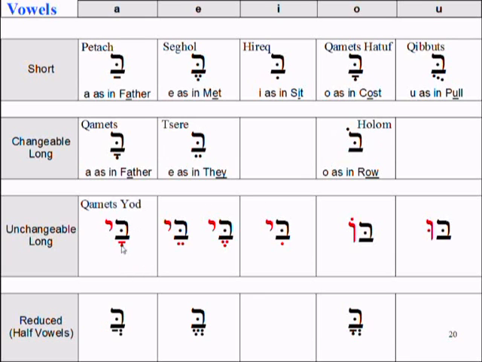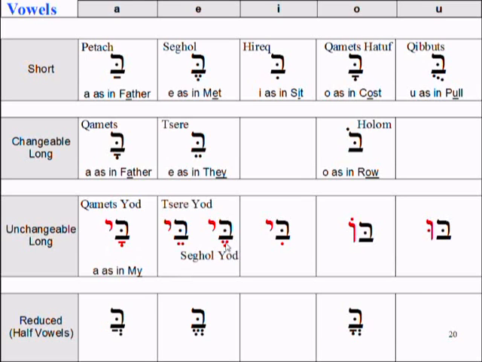And here we have some variants. When we have the kamets followed by a yod, it changes from an a sound, as in father, to an a sound or an I sound, as in my. So this can be by, or it can actually be a bay sound too.